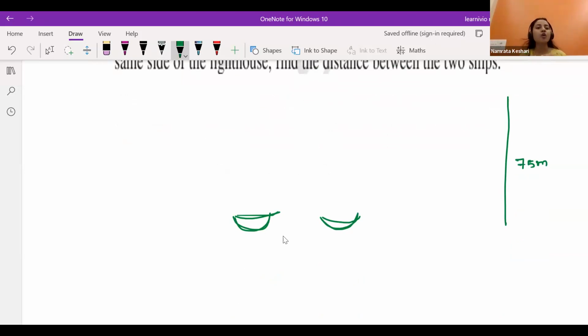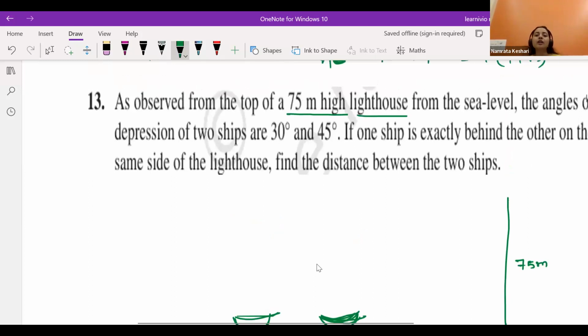One ship is behind the other ship. Whatever we have drawn so far looks good. Now the angles of depression from the top of the lighthouse of the two ships are 30 degrees and 45 degrees.